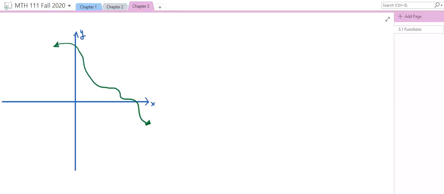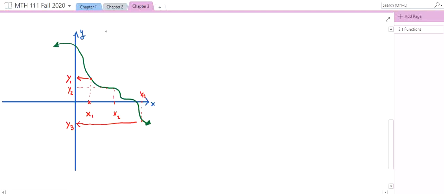Then since we look at this thing, for a particular x value, we have a particular and only one y value. So for any x value we pick, there is only one y value. Sometimes it's the same. Sometimes, if we pick an x value, our y value might be negative, but again, it's only one and only one y value.